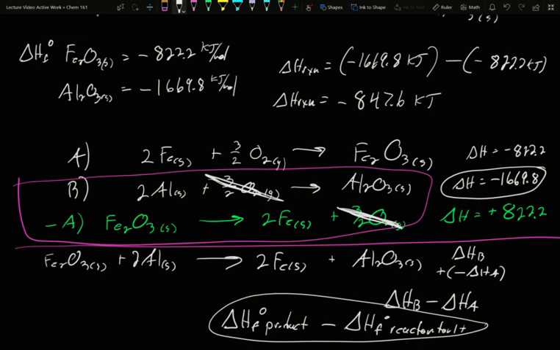I can simply use the chemicals in my reaction. Delta H formation calculations vastly simplify the work necessary to calculate a Hess law when we are able to use them. New chemicals that somebody invents might not be able to have this process be done, but the vast majority of reactions, we can simply use the delta H formation values to calculate out the enthalpy of the reaction we want.